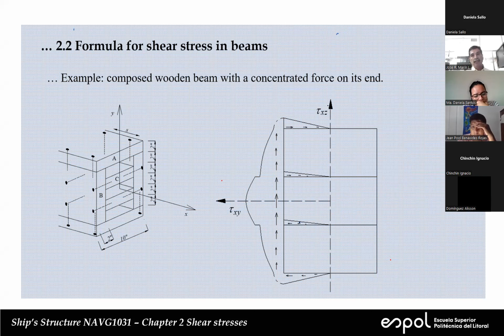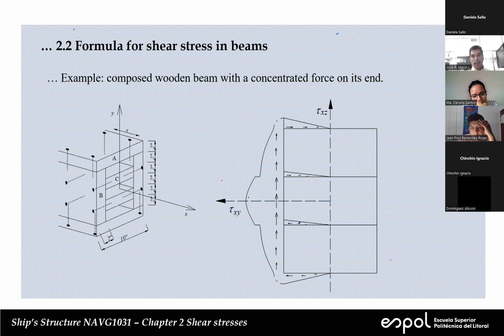On the flanges, in the vertical direction, I plot xz. So on the upper flange, on the two intermediate, and in the lower flange, I have tau xz. On the web, I have tau xy.